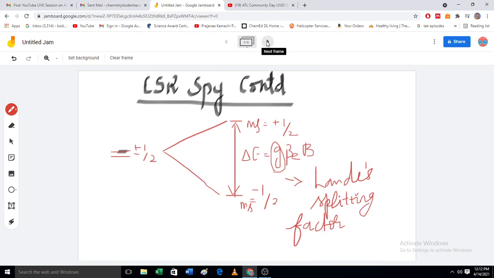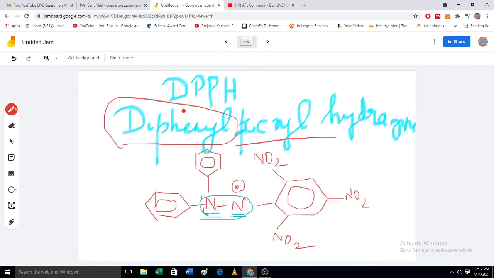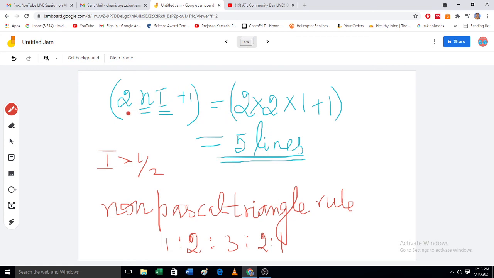So in this small video I want you all to remember that ESR spectroscopy is calibrated with the help of the DPPH molecule, diphenyl picryl hydrazine. We have seen how to write the structure, and the radical is delocalized over the whole structure, so the NMR active nitrogen nuclei affect the splitting.